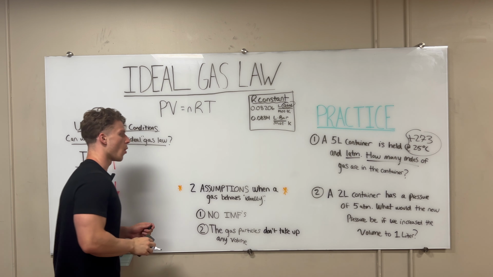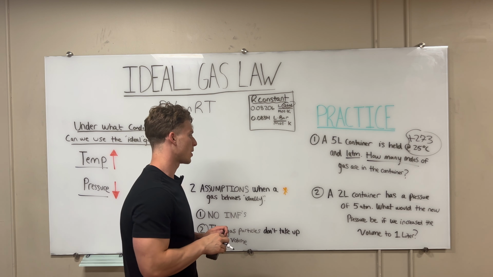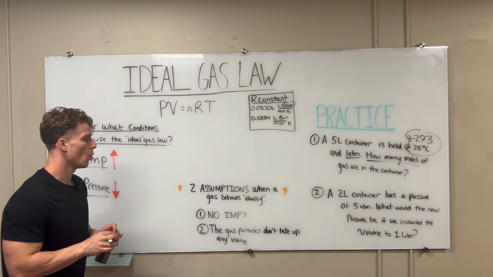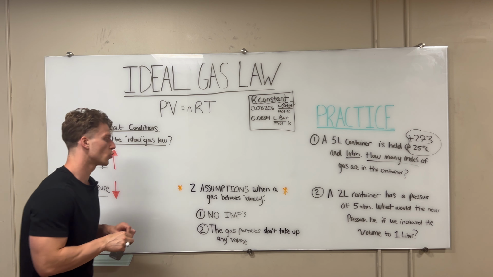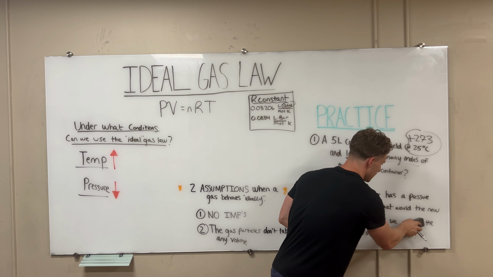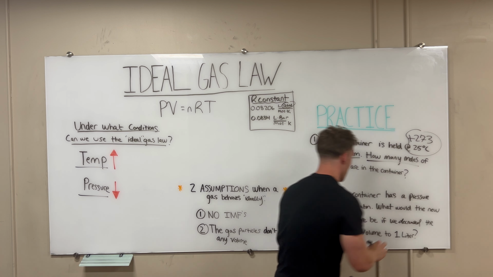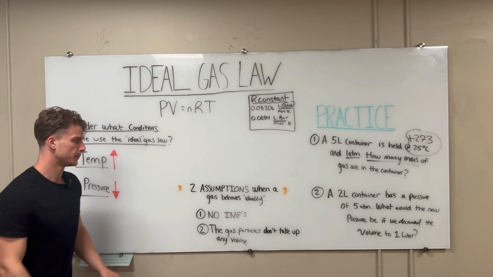Problem 2 says a 2-liter container has a pressure of 5 atmospheres. What would the new pressure be if we increased the volume to 1 liter? That should say decreased. If we decreased the volume to 1 liter.